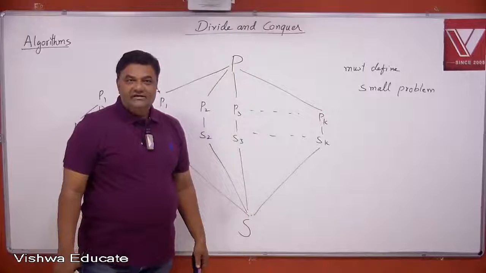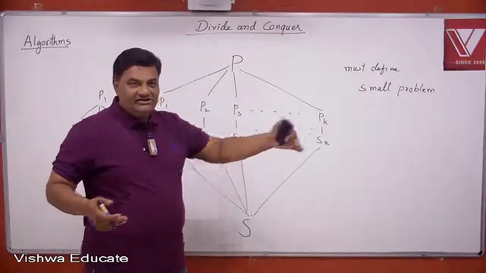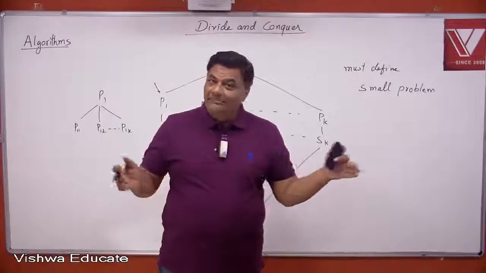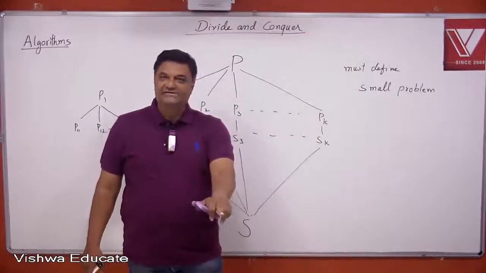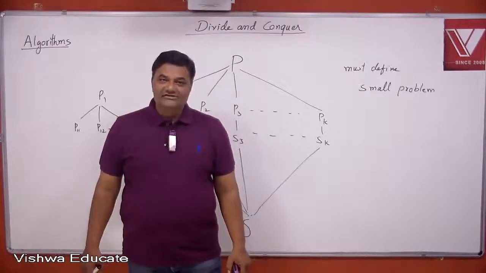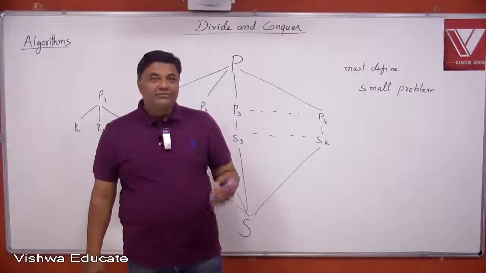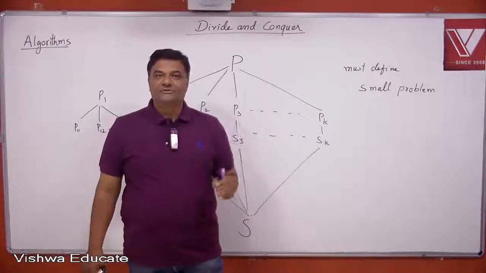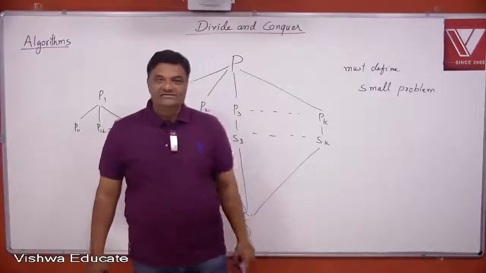Large can be as large as possible, so we don't have an upper limit on large, but we can have a lower limit that this is small. So when you apply divide and conquer on some problem, you must define what a small problem is.